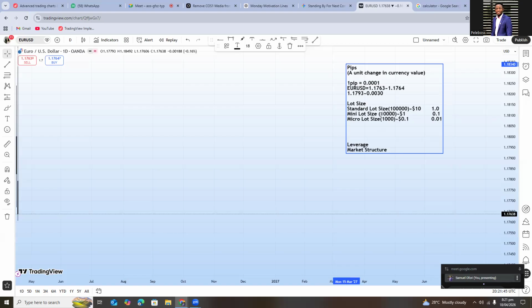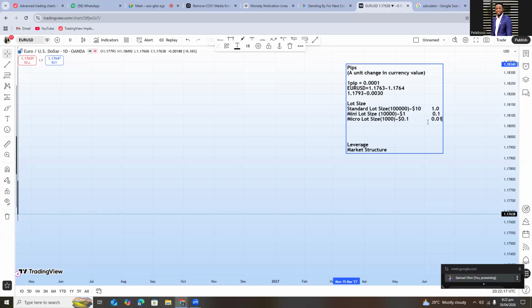If another person uses the mini lot size, which is 0.1, it means the person has made 30 times 1, and that is $30. Like I said, don't worry about this calculation. The system will do it for you. You just need to understand how it is done. Okay. And then if the person used the micro lot, you are going to multiply 30 pips by 0.1, and that is equal to $3.